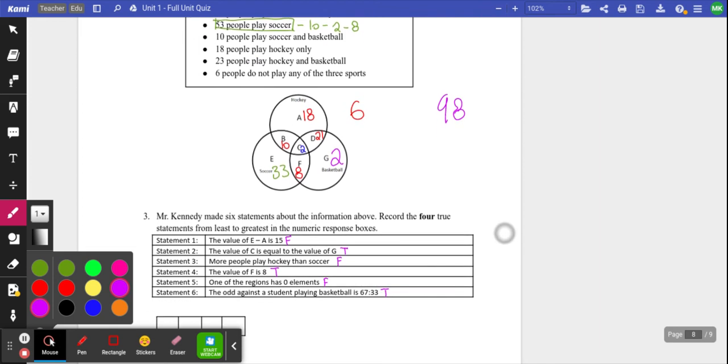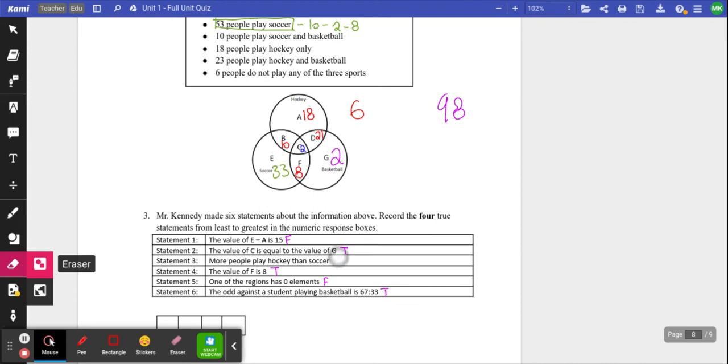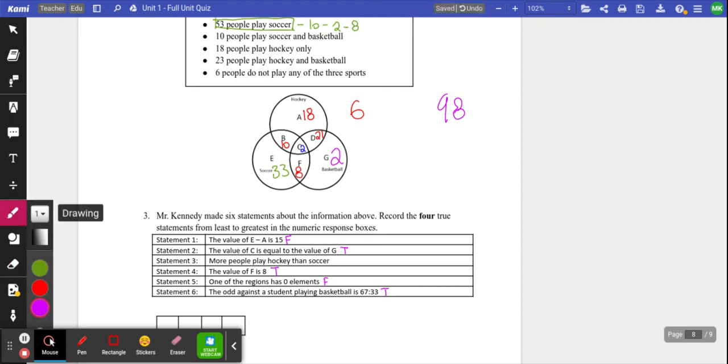It said there's 4 true statements, so maybe I messed one up. More people play hockey than soccer. No, that is false.